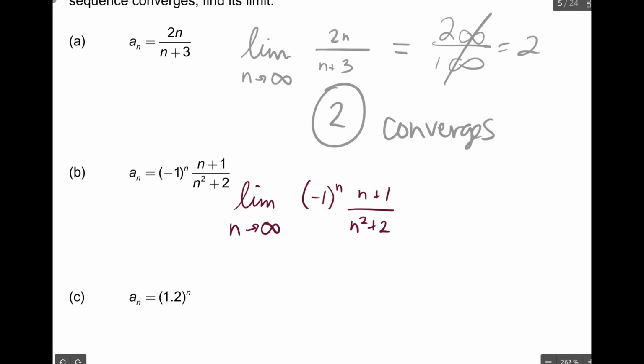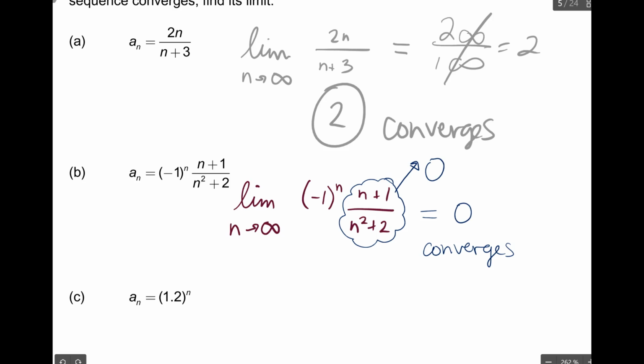Any clue how we could do this? Why could I do that? Do you know why I said it goes to 0?